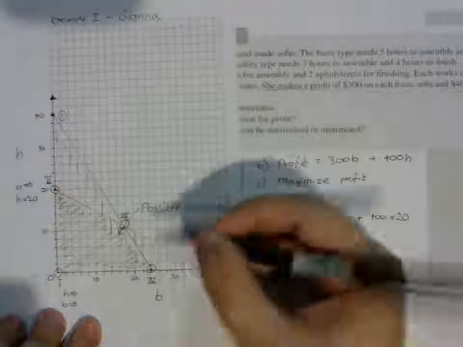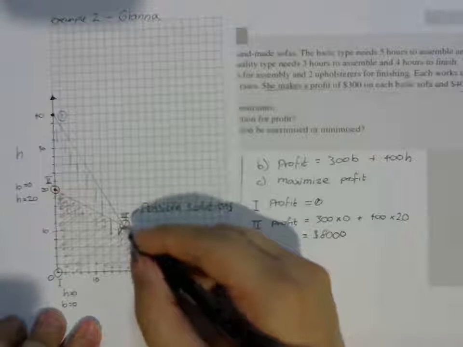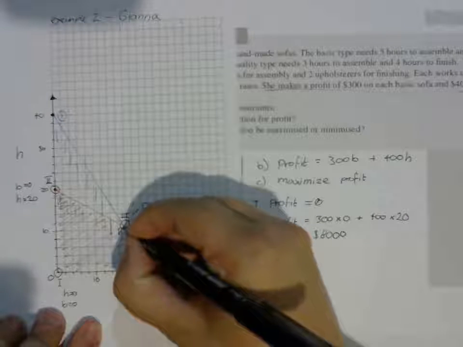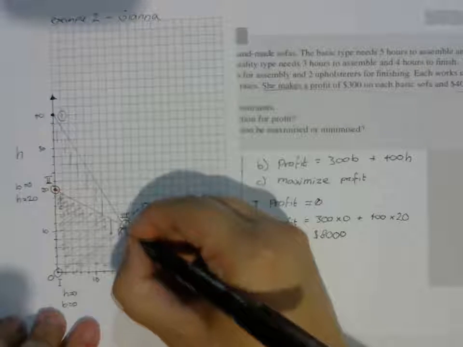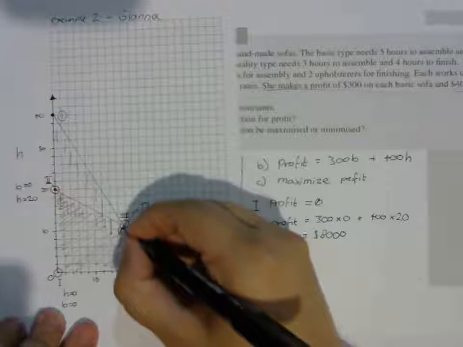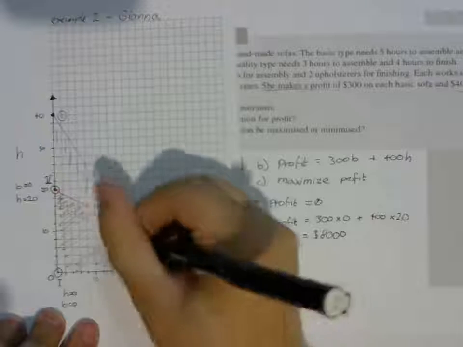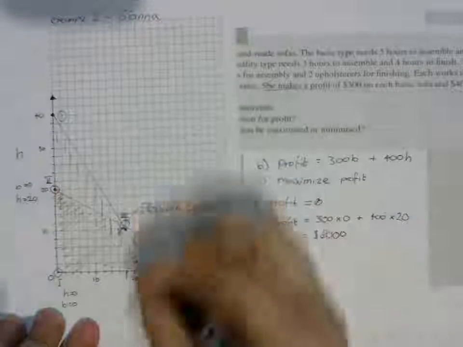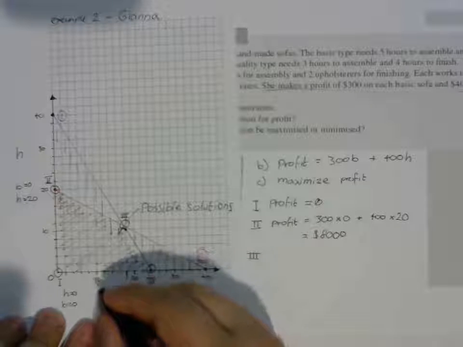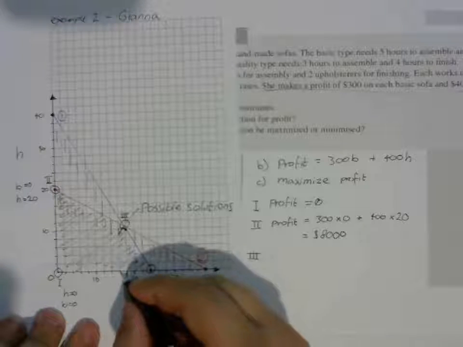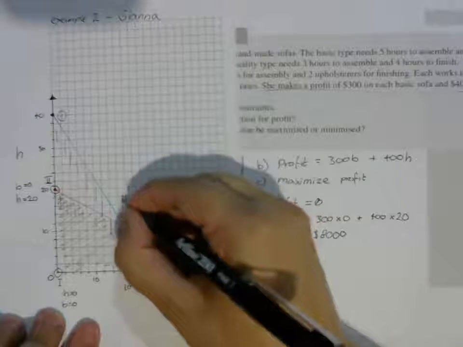At point 3, we have to do a little bit of looking around, because that's not right on a point. So we're going to pick the closest point to that vertex, which has B equal to 18 basic couches.